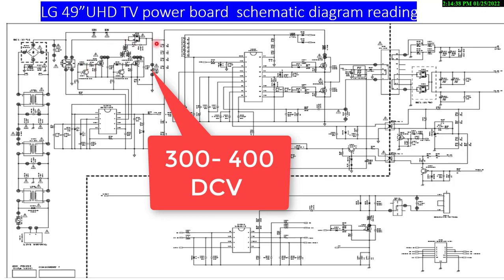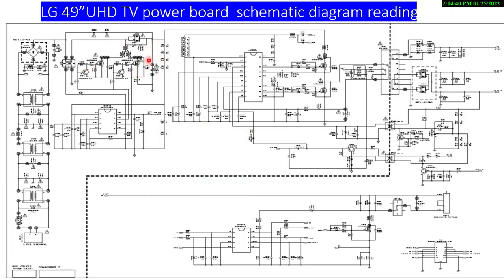In standby mode, in our power supply main filter capacitor, we have 300 DC voltages here, depending on the incoming voltage. When the incoming voltage is reduced or increased, from 240 or from 220, the voltage will also change. So this voltage depends on the incoming voltage.